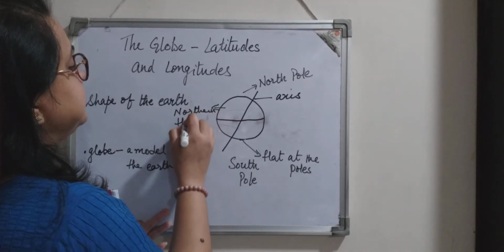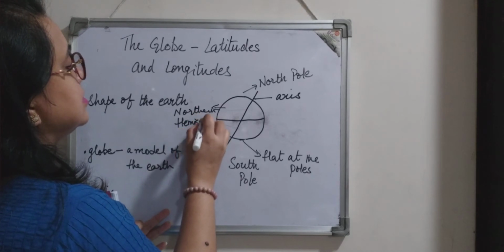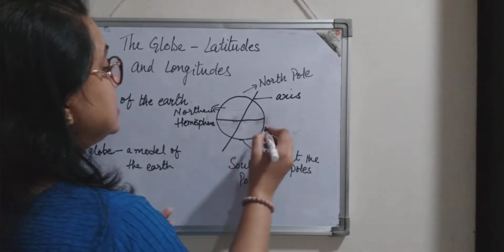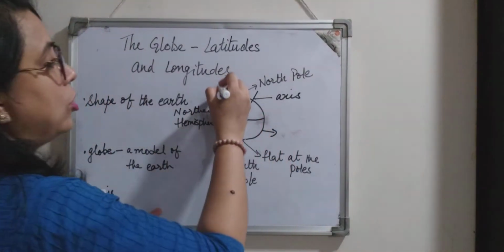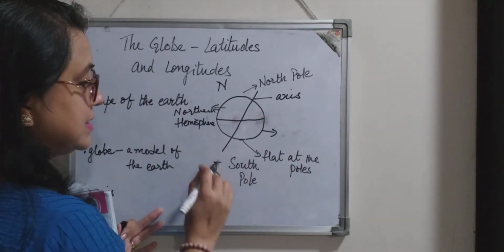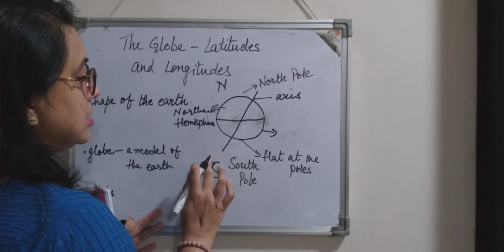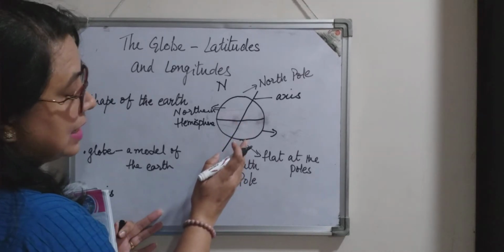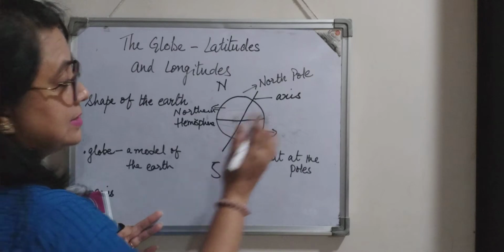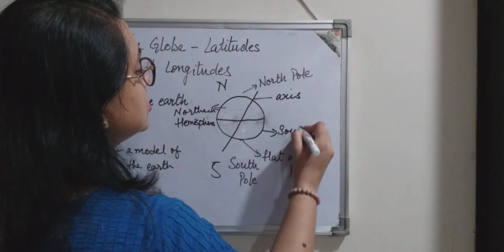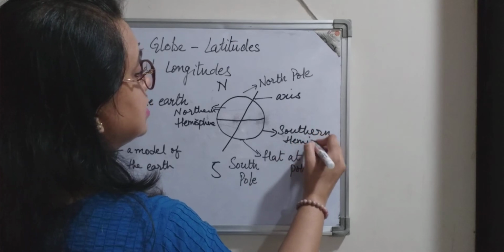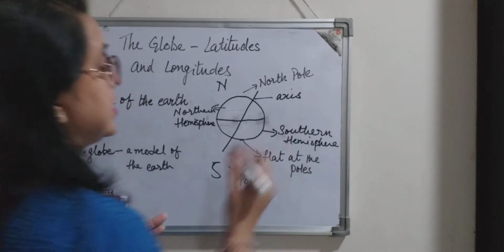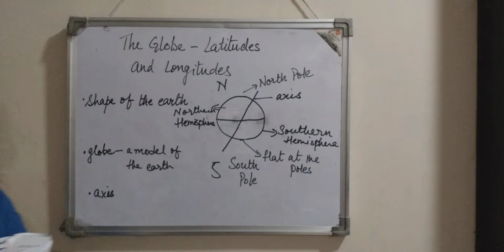and the part which lies to the south of the equator, this is north and this is south, isn't it? So the part which lies at the south of the equator is called the southern hemisphere. So I hope this much is clear to all of you.